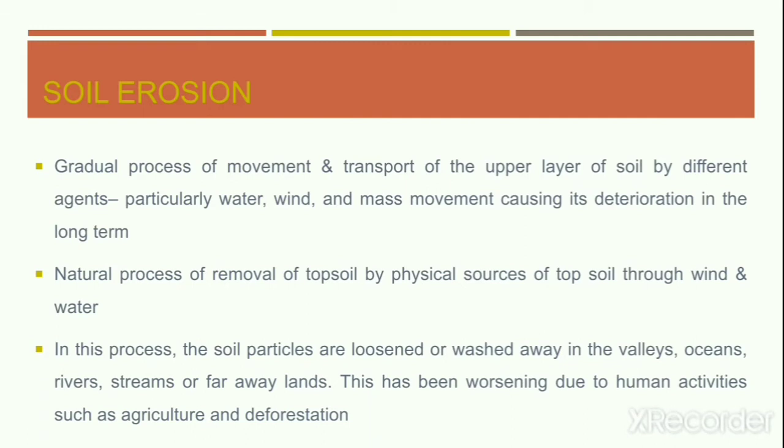It is a natural process of removal of the topsoil by the physical sources through wind and water. In this process, the soil particles are loosened or washed away in the valleys, oceans, rivers, streams, or faraway lands, and has been worsening due to human activities such as agriculture and deforestation.